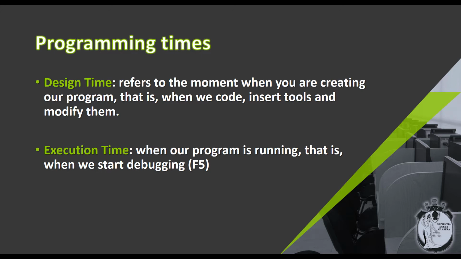You never design your program, only the input and the output. But here you need to make a visual design of your program. So that time exists, the design time. Execution time is when your program is running.